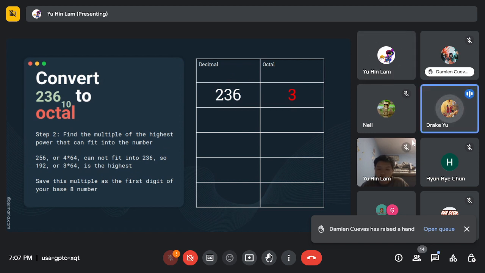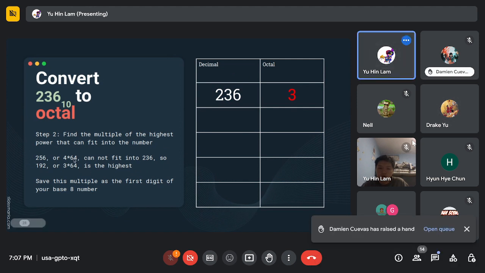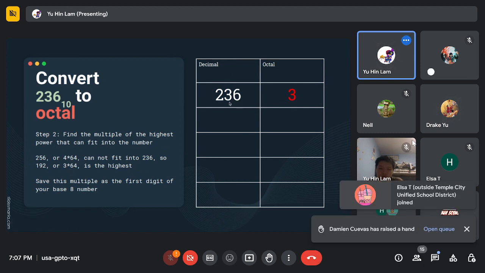So you mean like a multiple of the decimal number? Of the power number, yeah. 64 is basically equal to 8 to the power of 2. So the power of 2 would be its highest power. And then our step 2 would be looking for its multiple. In this case, 3 times 64 will get us the highest that can still fit into our decimal number. Okay.